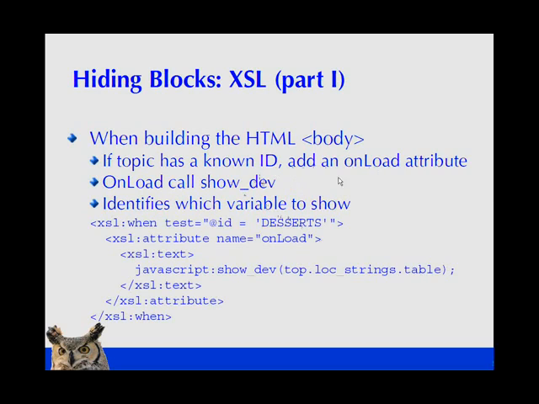So how do we do this in the XSL? Well, there's two parts to this, of course. As I said, there's two parts to the coding. And the first part was when we build the HTML, if we have a known ID, add the onload attribute.